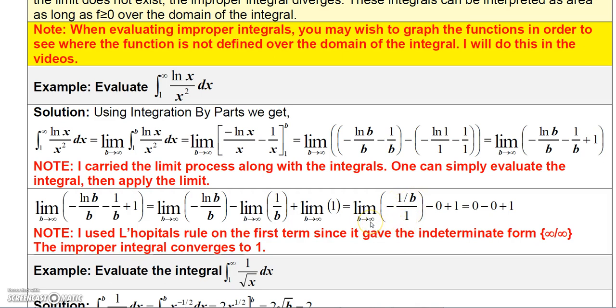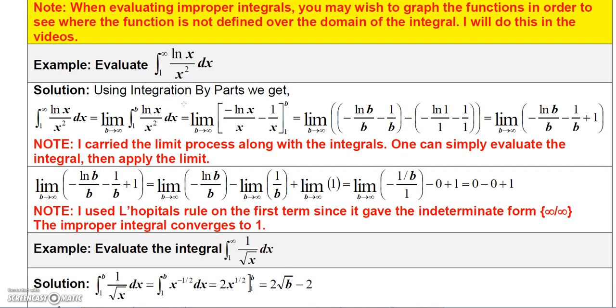So as b goes to infinity, this term goes to 0. So the first two terms go to 0, and the third term goes to 1. I get 0 minus 0 plus 1, which is 1. So this integral does have a limit, and that limit is 1. It converges to 1.